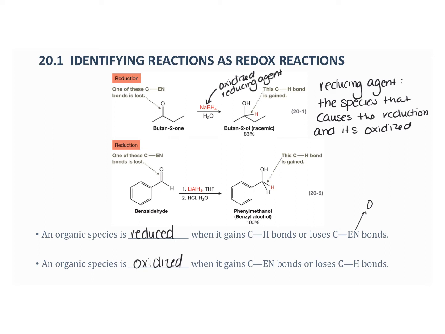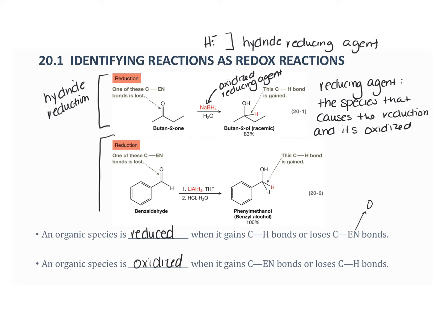And so when we talk about sodium borohydride, it's the hydride that does the chemistry there. So we can even go a step further and call this a hydride reducing agent, okay? And so this entire reaction is an example of a hydride reduction, and that's how it can be classified, okay?